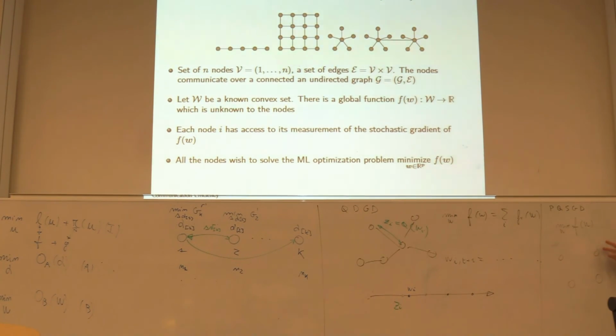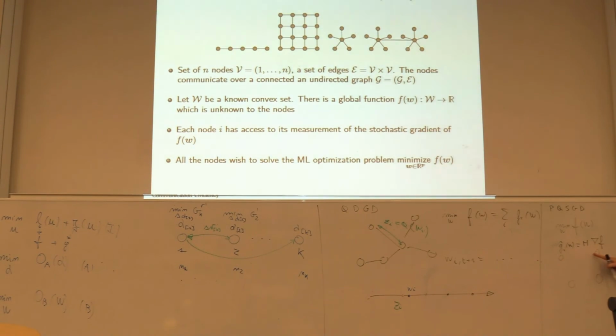This line of research is still so fresh that we have only the case where everybody is doing some measurement, called g_i tilde of w, a measurement of the stochastic gradient of this function f.